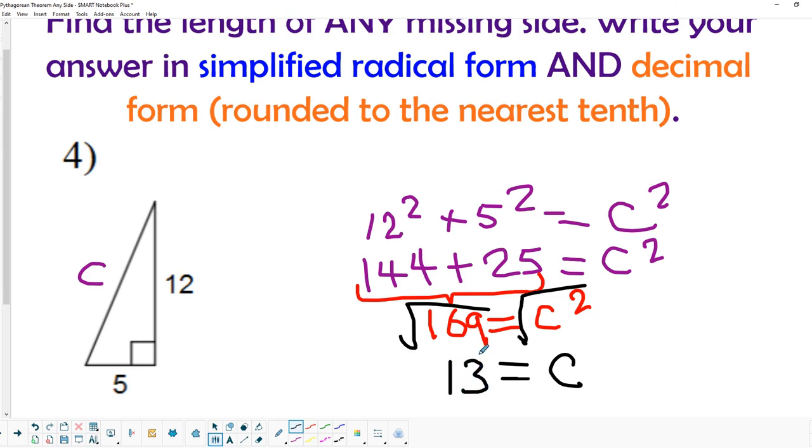I don't need to use a calculator. I've already done that before. So there's my answer on that triangle. Today you might have to find one of the legs or the hypotenuse, not just the hypotenuse like we did on our first assignment. If you have to find one of the legs, expect to do a subtraction in your problem in order to get ready to take that square root.